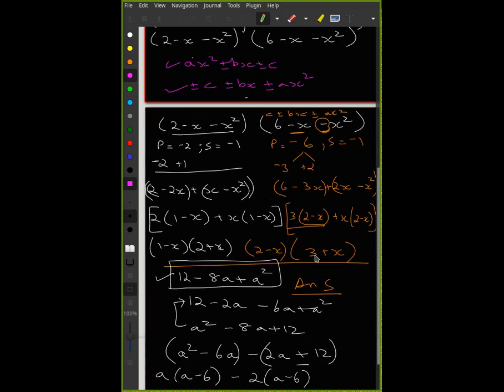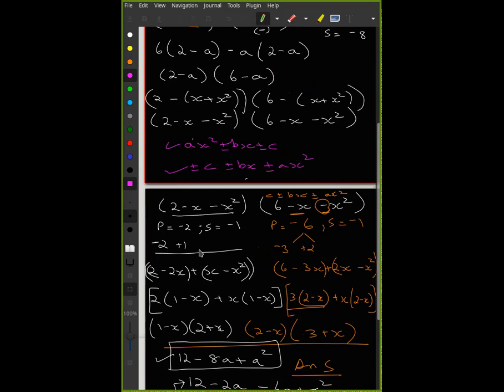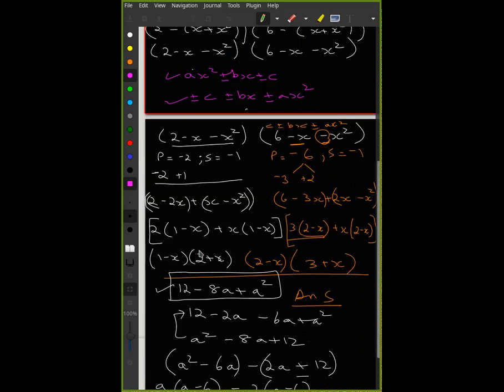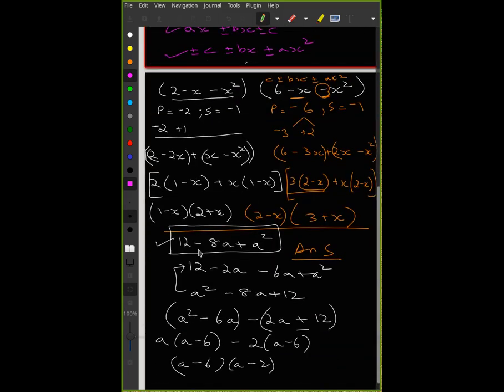Then all your signs here must have changed. You must have got 1 plus x into 2 minus x into 2 plus x into 3 minus x or something like that. What did you get as the answer? x minus 1 into x plus 2 into x minus 2 into x plus 3. x plus 3, right?